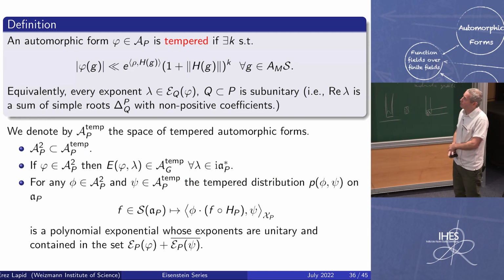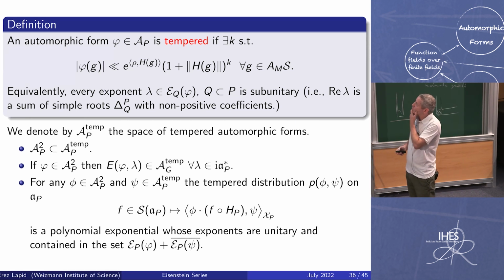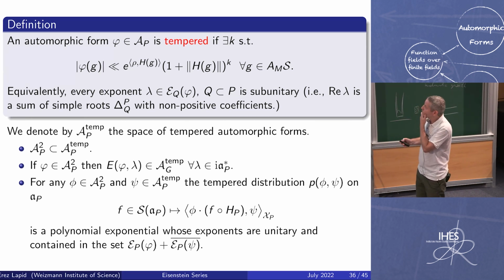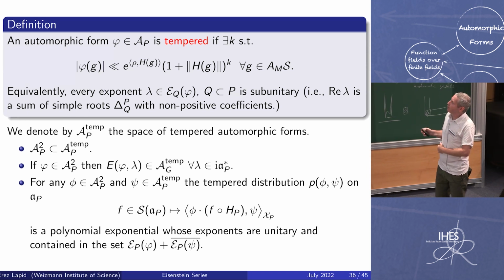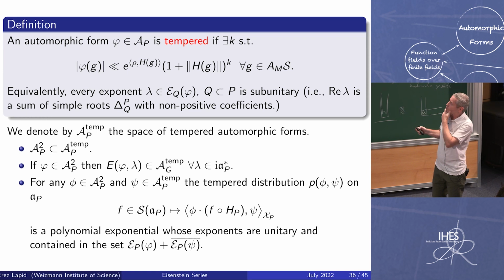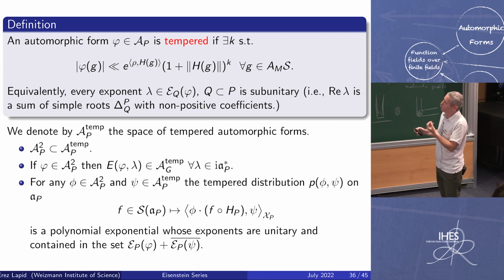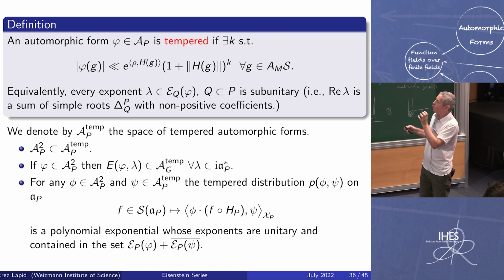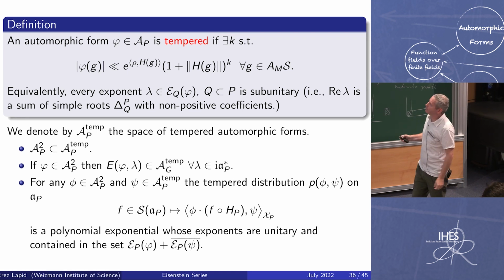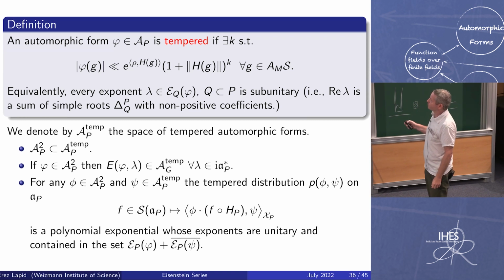There are two notions that are important. One is the notion of tempered automorphic forms. Tempered means that somehow it's almost L2. So phi is an automorphic form on X_P, and there are two statements here. One is that the exponents, the real part, is 0 along the center of P. The other is that inside the Levi, the exponents are subunitary.